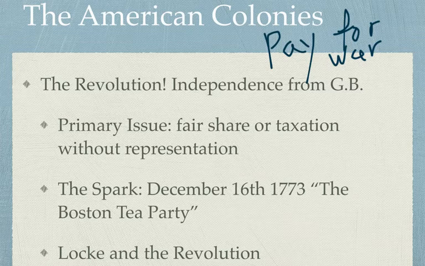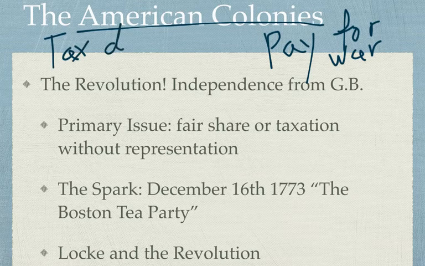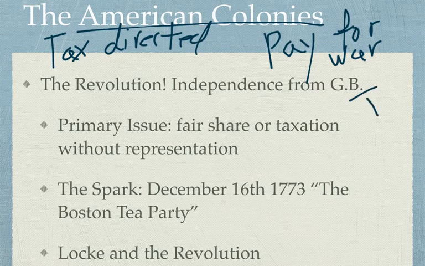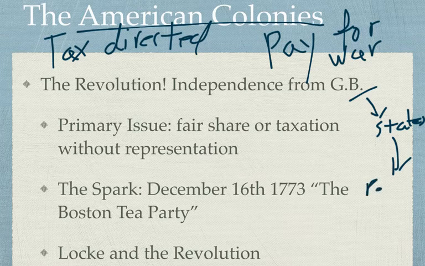Great Britain decided for the first time that it was going to begin to tax the American colonies directly. In the past, the way that this had gone down is that Great Britain had demanded that states send part of their revenue back to Great Britain, but it was actually the states themselves that taxed the people.